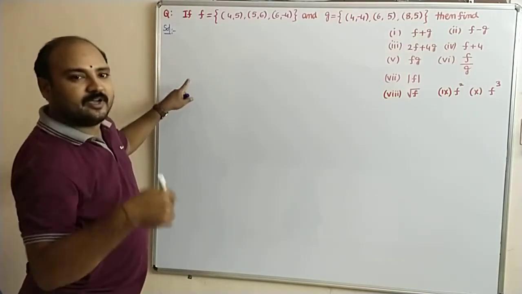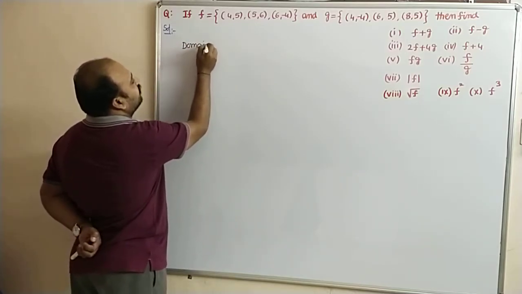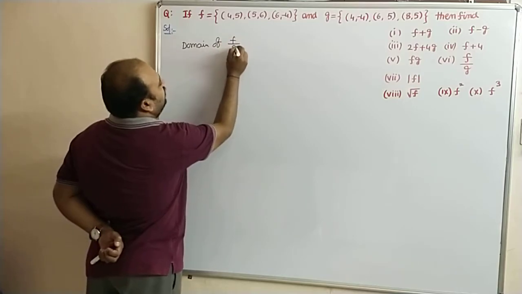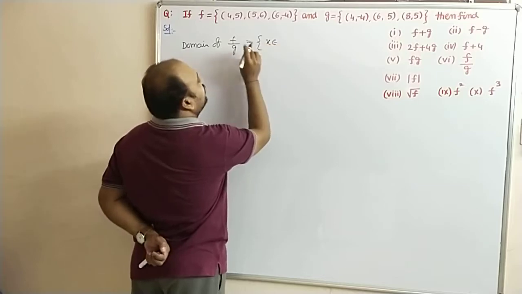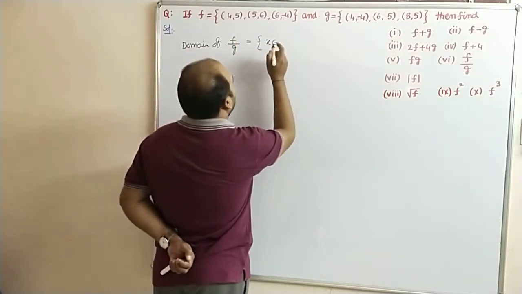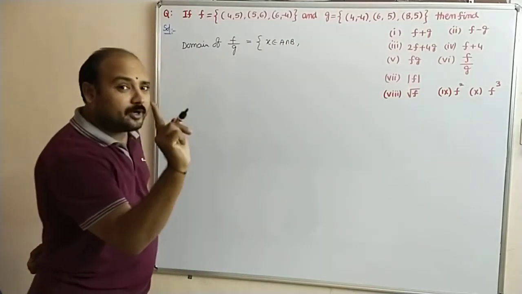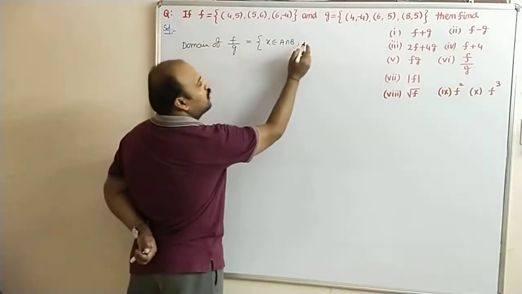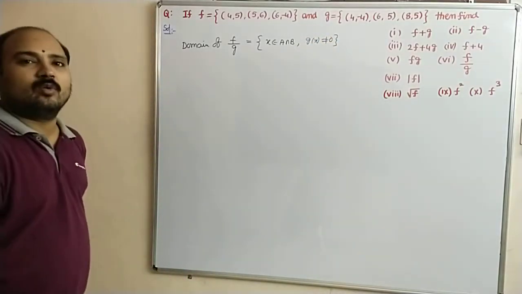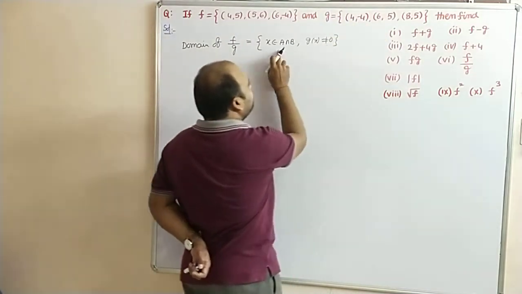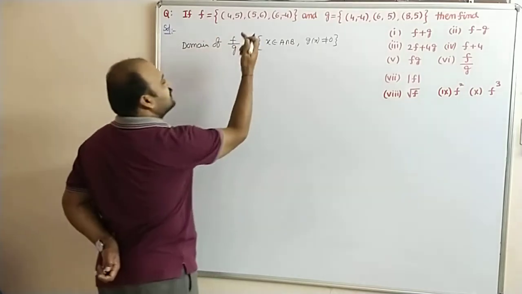Before going to discuss f by g, the domain of the quotient function equals x belongs to A intersection B, already we discussed. And one more important thing you have to remember, g of x should not be equal to 0, anyway it is not there. A intersection B, previously we got 4 comma 6 only, no? So only 4 comma 6 elements we can write.